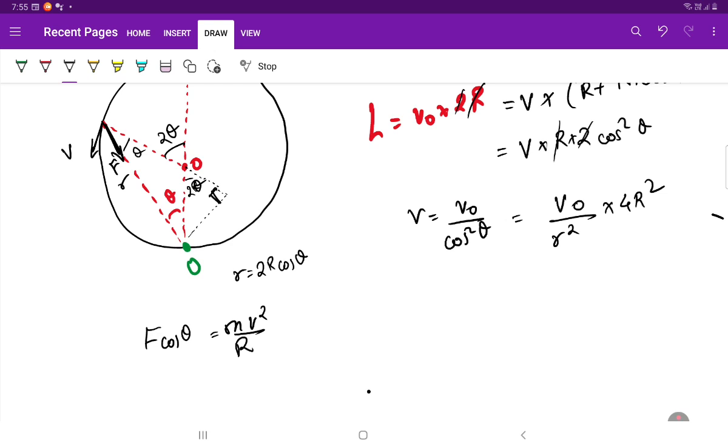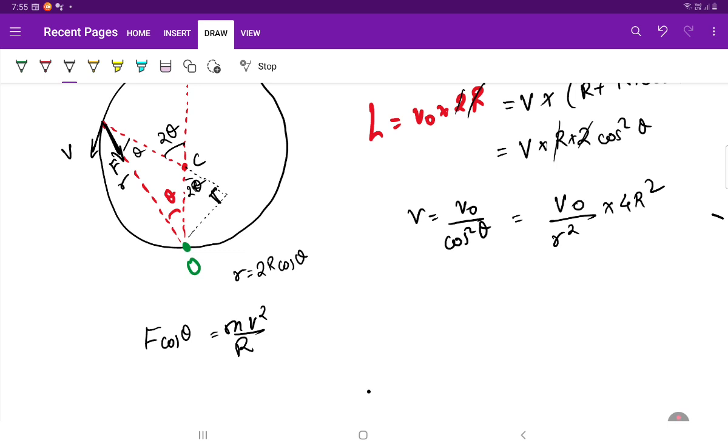Now r double dot is 0 because it's with respect to the center. So with respect to the center C, suppose this point to be C, r double dot is 0, but omega square r is finite. So I can say that F cos theta is equal to m v square by capital R.